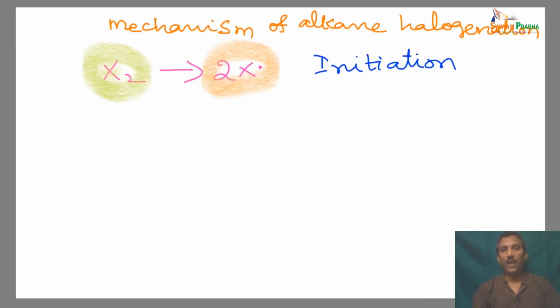The alkane halogenation reaction is a free radical reaction. The X-X bond is a very weak bond, so it can easily be homolytically cleaved to produce the halogen radical. So X2 gets cleaved to give 2 X dot. This is the initiation step.